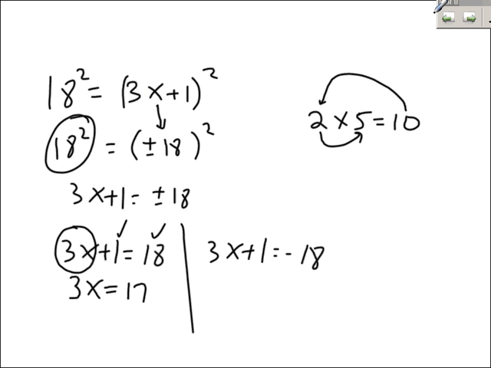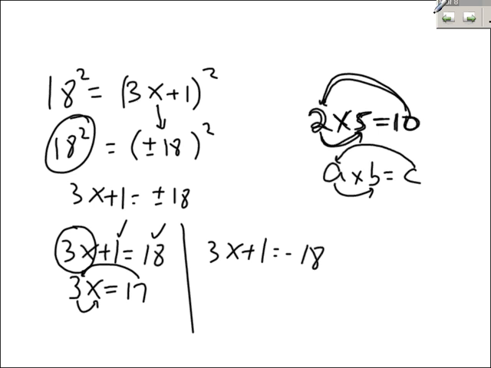Okay, that's always true. If 2 times 5 equals 10, then 10 divided by 2 is 5. If A times B equals C, C divided by A is B. 17 divided by 3 is x. That's one answer.